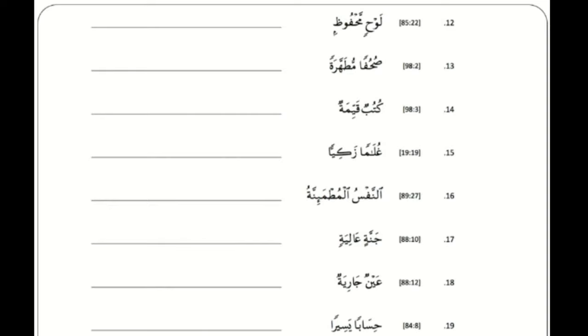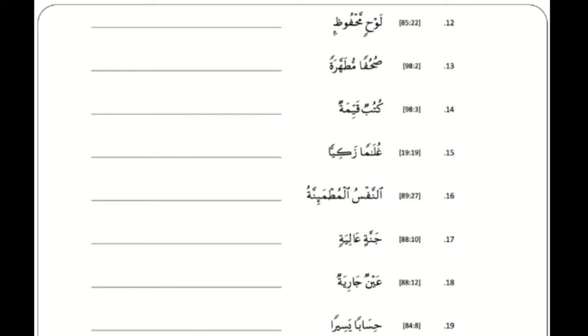Last one is number 14. Kutubun qayyimatun. What's kutub? The plural of what? Kitab. Kitab is a book. Many books are called kutub. Qayyima means valuable.